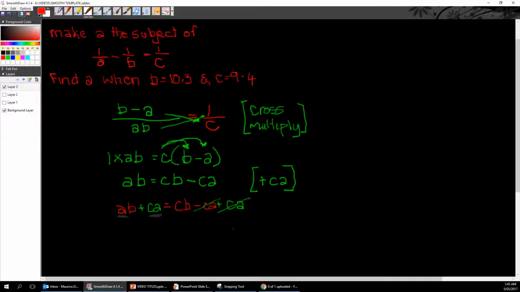We can put A outside the brackets, and then we can go B plus C, and that equals CB. Right. Aha, now we're on to something. And now, just to get A on its own, we can just divide through by B plus C.